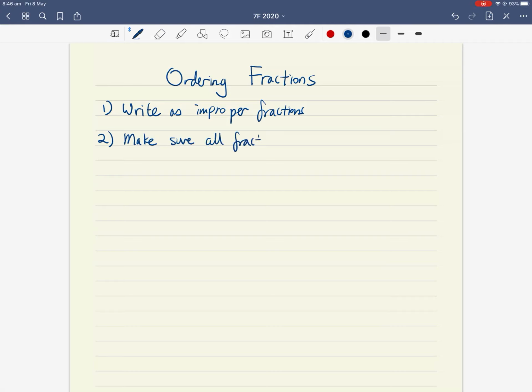So make sure all fractions have the same denominator. This same denominator is usually what we call the lowest common denominator.